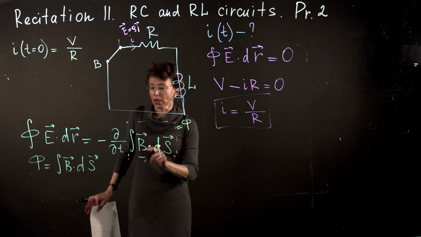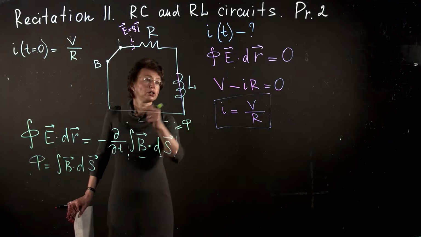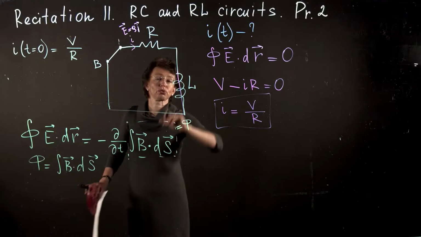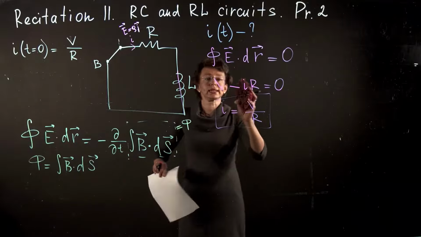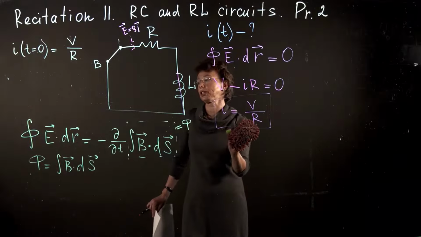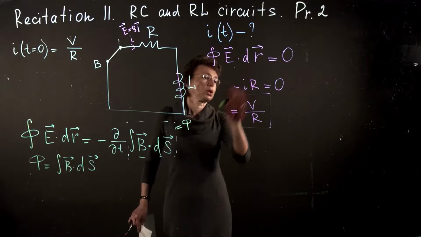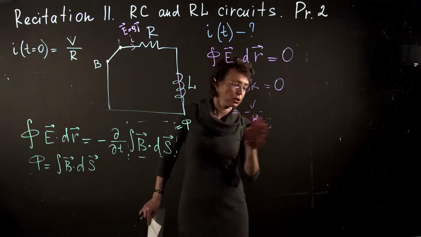I will use Faraday's law to find the current as a function of time. And now I will erase steady state since we don't need it anymore. And we will work with Faraday's law when we have the time-dependent process.